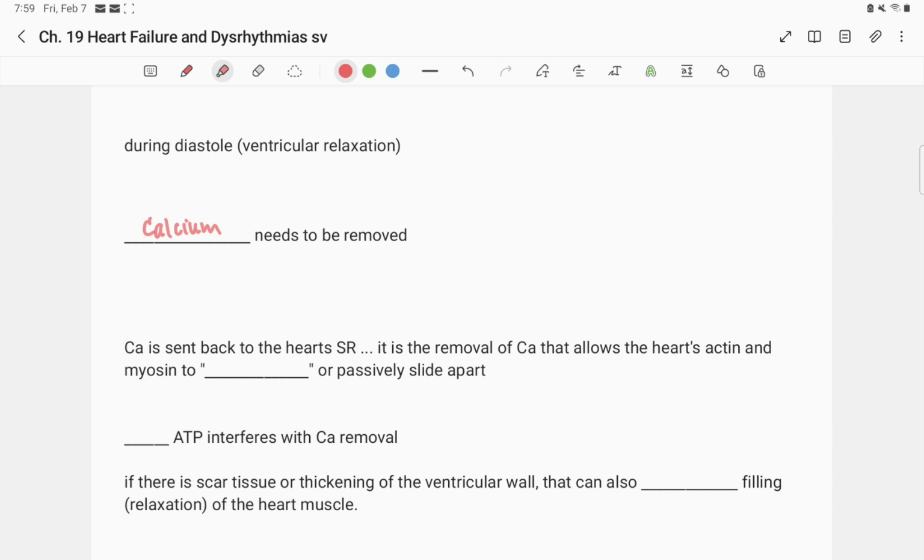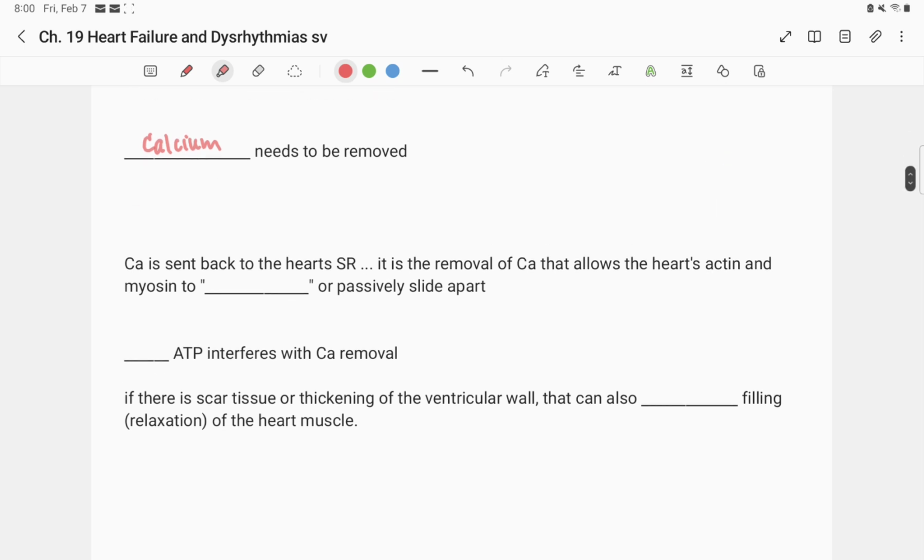Calcium is stored in the SR. And the heart also has sarcoplasmic reticulum where calcium is stored. So when an electrical signal comes in, it's going to force the heart to contract. Calcium is released to help with that contraction, but when it's done, calcium needs to be removed.